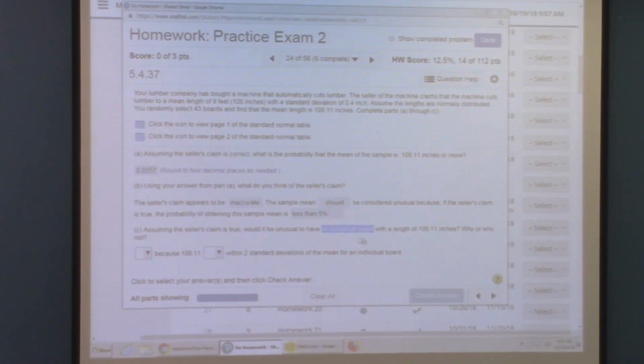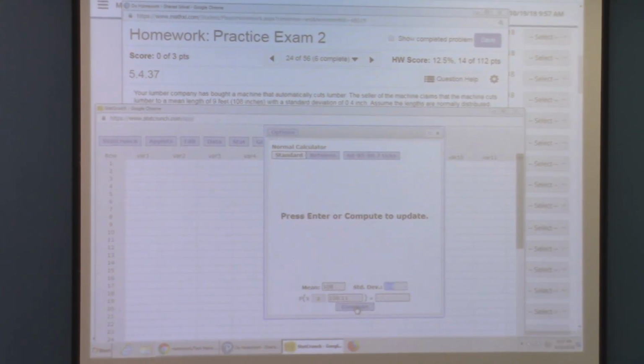So would it be unusual to have an individual board with a length of 108.11 inches? Actually, here we could do the same thing. It looks like it's not that unusual in this case. It's unusual to have a sample mean that high, but it's not unusual to have an individual board with that length.